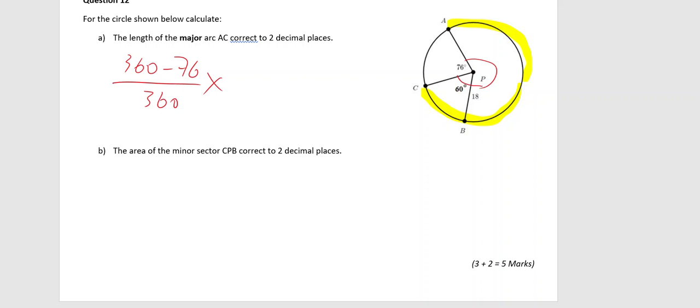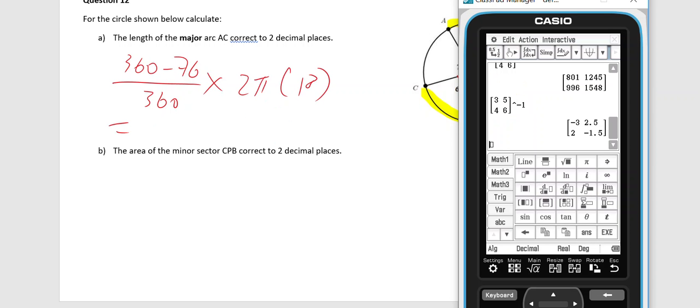So this is the portion of the circumference we want. The circumference is 2 pi r, with r equal to 18. So let's work that out on our CAS calculator. Use the fraction 360 minus 76 divided by 360.